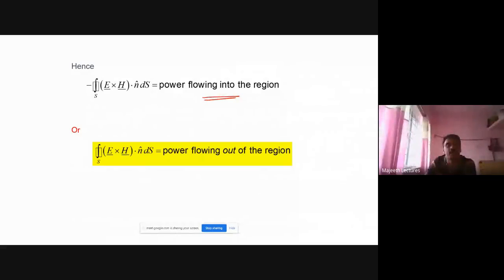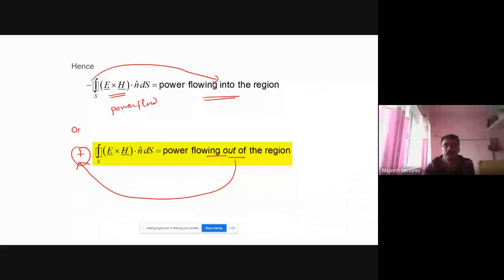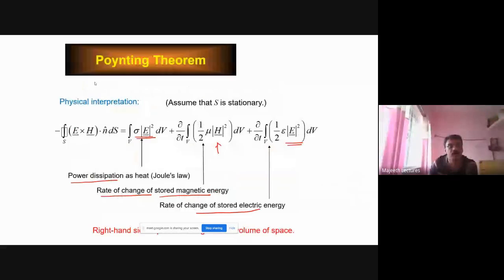Right? Already we know E cross H indicates power flow. Minus indicates into, plus indicates out of. Fine, here it is plus, here it is minus. So E cross H indicates power flowing into the region.